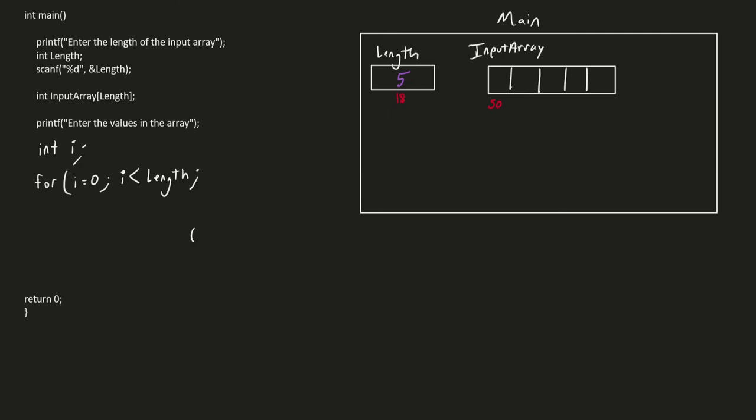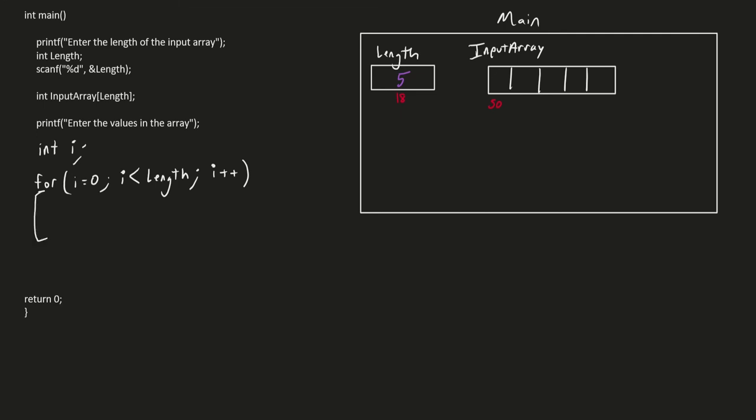So we'll have 0, 1 is safe, 2 is safe, 3 is less than 5, 4 is less than 5, but 5 is not less than 5, so this loop will run 5 times. And of course we need it to start off at 0 so we can access that very first array element. And of course on every iteration we want to increase i by 1.